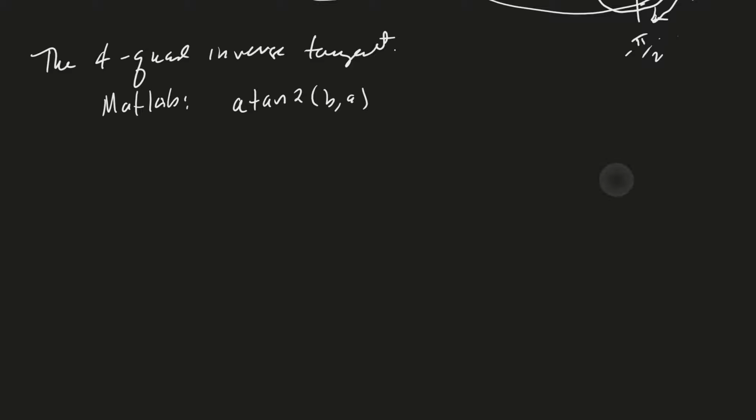And Maple has a command arctan with b comma a. If you give the arctangent 2 arguments, then it returns the 4-quadrant inverse. Okay, so how do we do this?